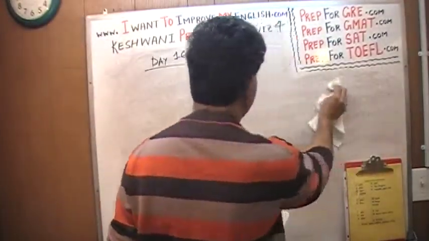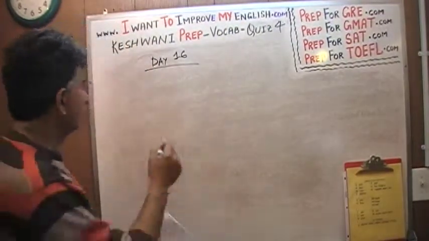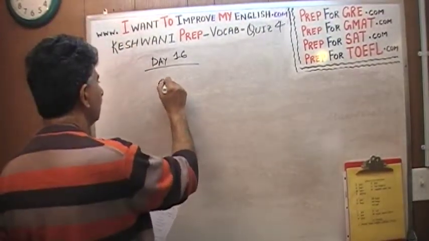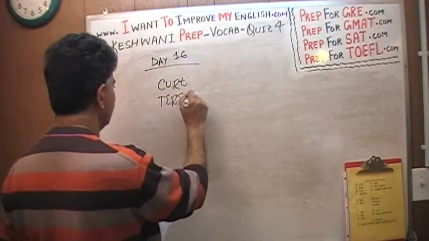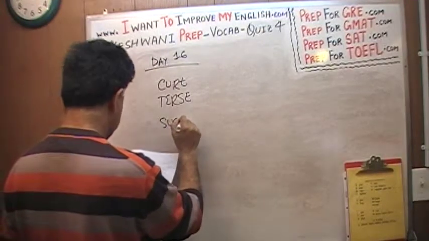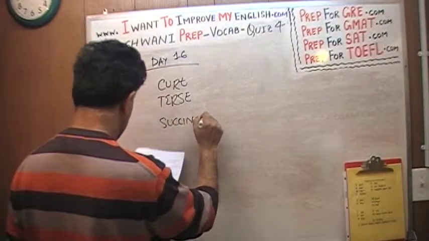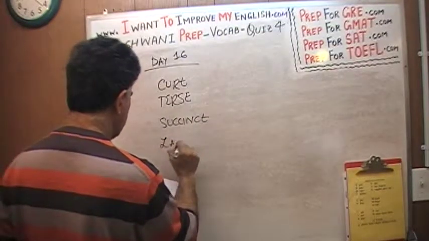And then, as an example, we talked about 4 words. The words were curt, terse, succinct, and laconic.